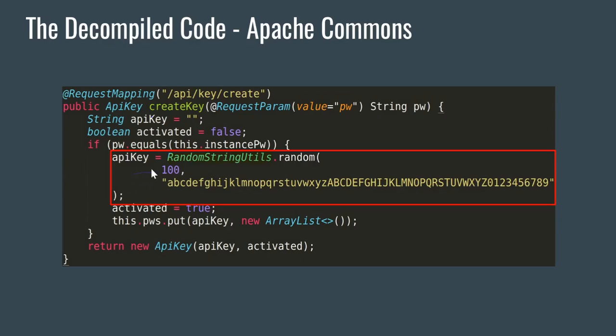The first parameter is the length of the string we want to generate, and the second parameter is a string. So what RandomStringUtils.random does is it takes random characters out of this string and appends them to one another.